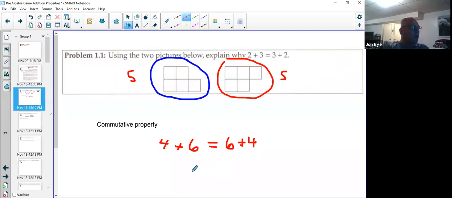Still going to end up with 10. We still get 10 on both sides. Why are we going to learn these properties? It's going to help us do a lot of mental math when it's easier to commute something, and then we can add it the opposite way. So that's the first one, right?